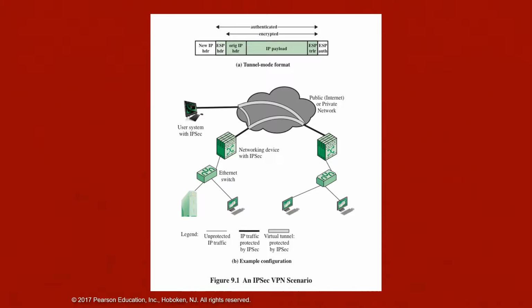For VPNs, both authentication and encryption are generally desired because it is important to both 1. Assure that the unauthorized users do not penetrate the VPN, and 2. Assure that eavesdroppers on the Internet cannot read messages sent over the VPN.